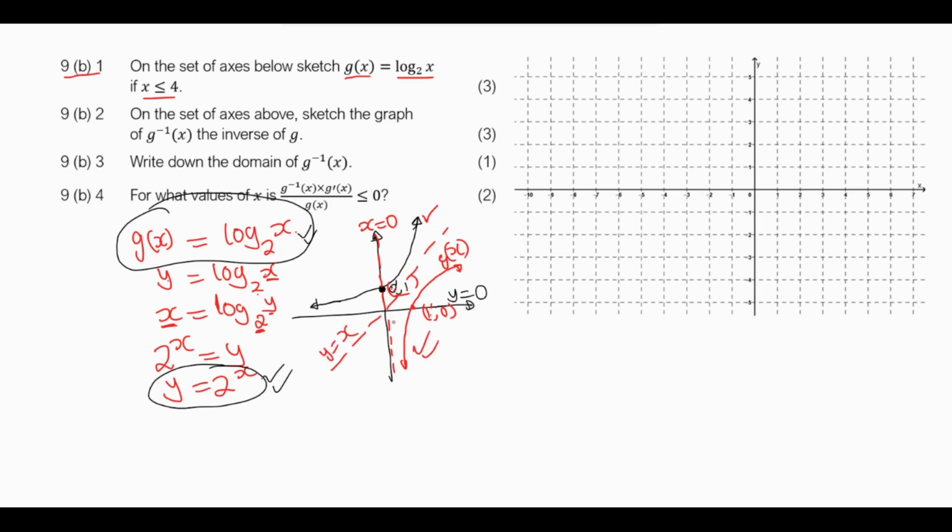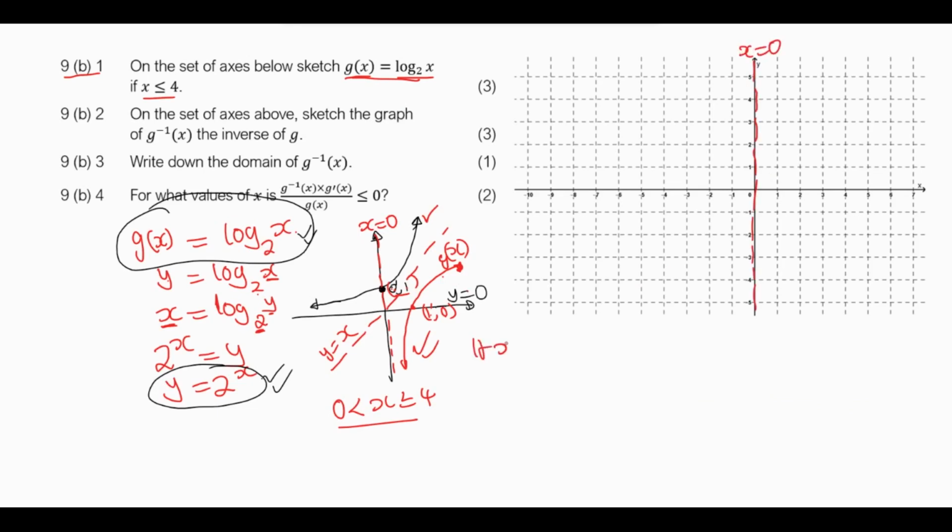So now from this we know that our x values will be greater than 0 up to 4, because they said up to 4. So our domain should be x greater than 0 but less than or equal to 4. That will be the domain. Let's sketch our g of x. This will guide us. So the asymptote is going to be x is equal to 0.